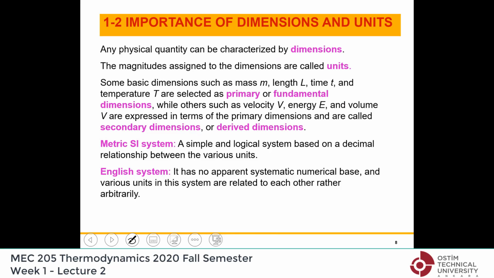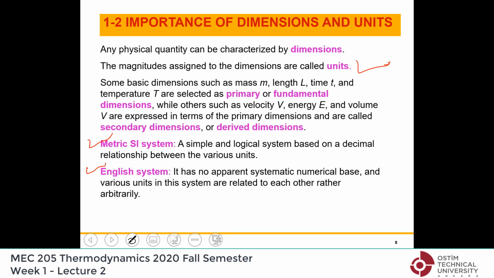You have seen this a lot. Okay, so I will not go through a lot of detail here. I just point out certain things. Okay, the units. I will emphasize the units. The dimensions you are already familiar with, and two unit systems: the SI, Systems International, the metric system, or the English system.